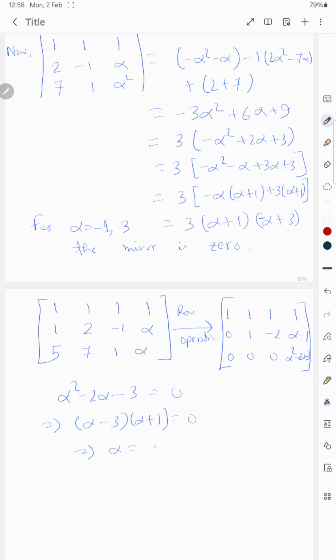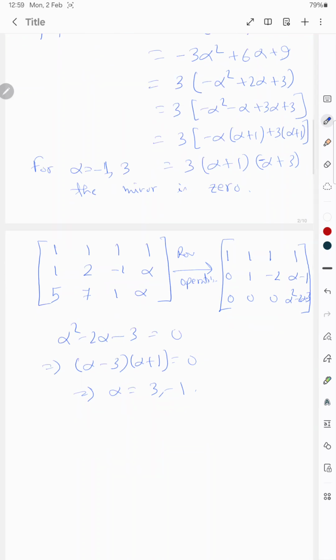So alpha is equal to 3 and minus 1. So in this way also you can do, but you have to find what the row operations are. This is very easy, right? First you try to make this 0. Whatever you are getting here you just keep, then you try to make this 0. After that step you try to make this thing 0, then you will get this.